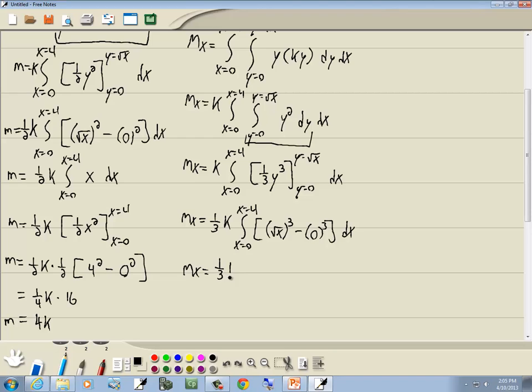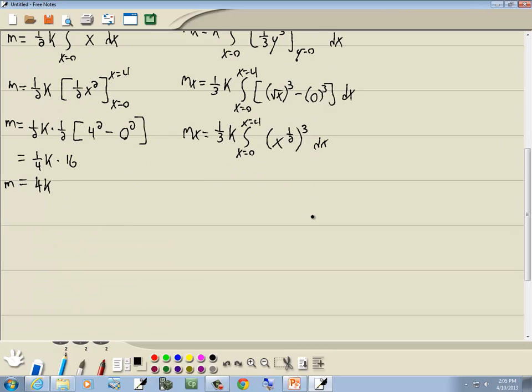And we got 1/3 k, x is equal to 0 to x is equal to 4. Square root of x, that's x to the 1/2 to the third power dx. The 0 drops away, which gives us 1/3 k, and then from x is equal to 0 to x is equal to 4, x to the 3/2 power. You raise one exponent to another exponent, you multiply them.